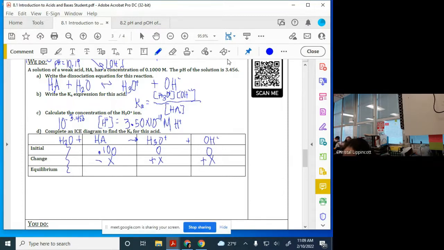Now, we can actually figure out our X value. We've actually done that right here. I guess I can erase these and we can backtrack. I shouldn't have put X in there, I'm sorry. But you know that we're going to gain here 3.50 times 10 to the minus 4. These are in a 1-to-1 ratio, so I would also gain that here.